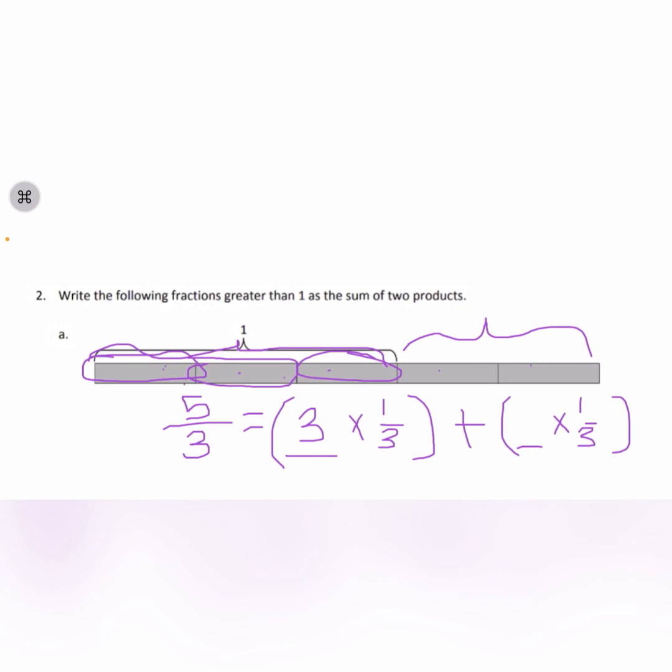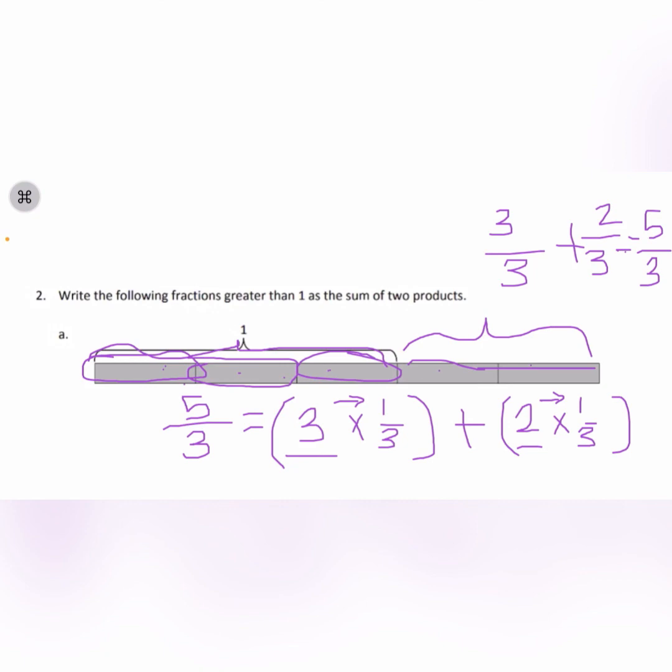I see I have 1 piece, 2 pieces. That means I have to multiply by 2 to get that second piece. Now, if you want, you can check your answer. You can do 3 times 1/3 equals 3/3, plus 2 times 1/3 is 2/3, and we know that 3 plus 2 is 5.